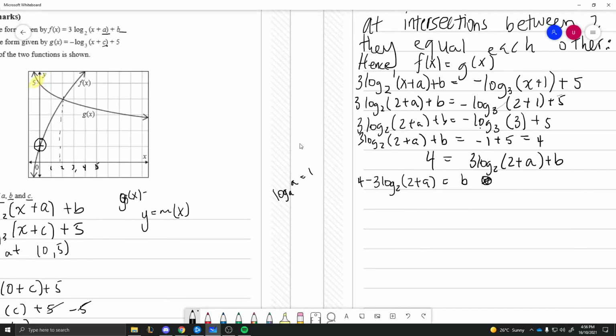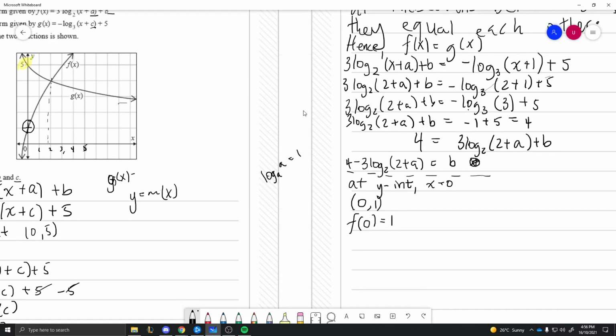At the y-intercept, x equals 0, but y is equal to 1. So f of 0 is equal to 1, because if you sub x at that point, you get 1.